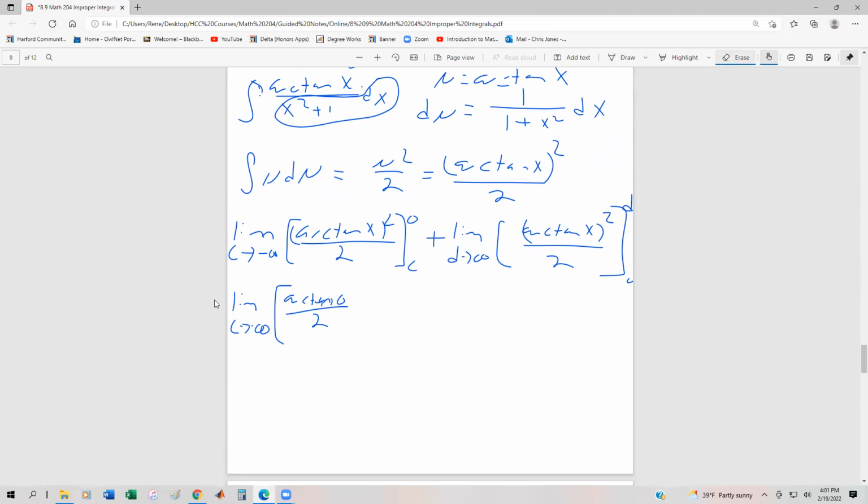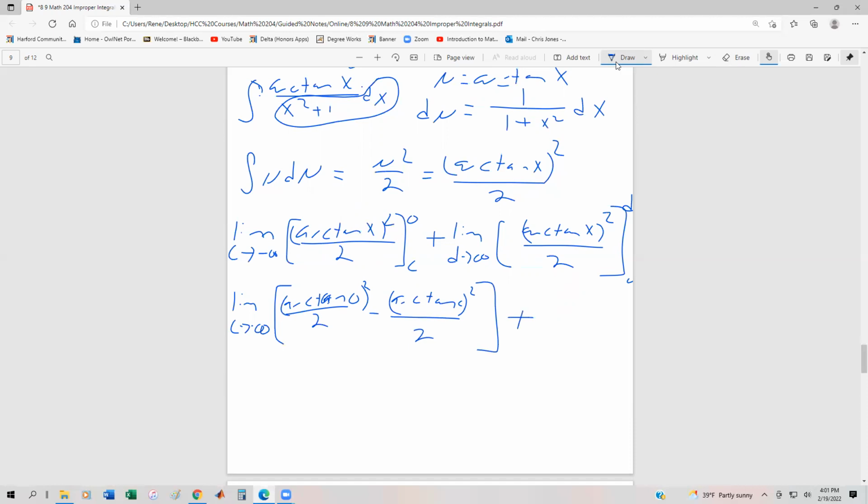It should be arctan squared, but for some reason, every time I try to write arctan, it doesn't show up. So arctan 0 squared minus arctan of c squared divided by 2. That takes care of that one.